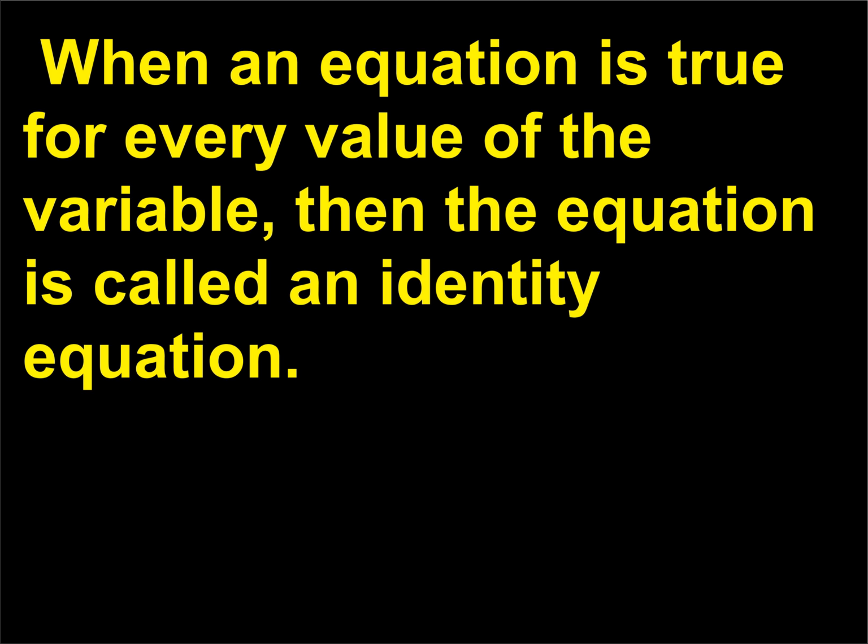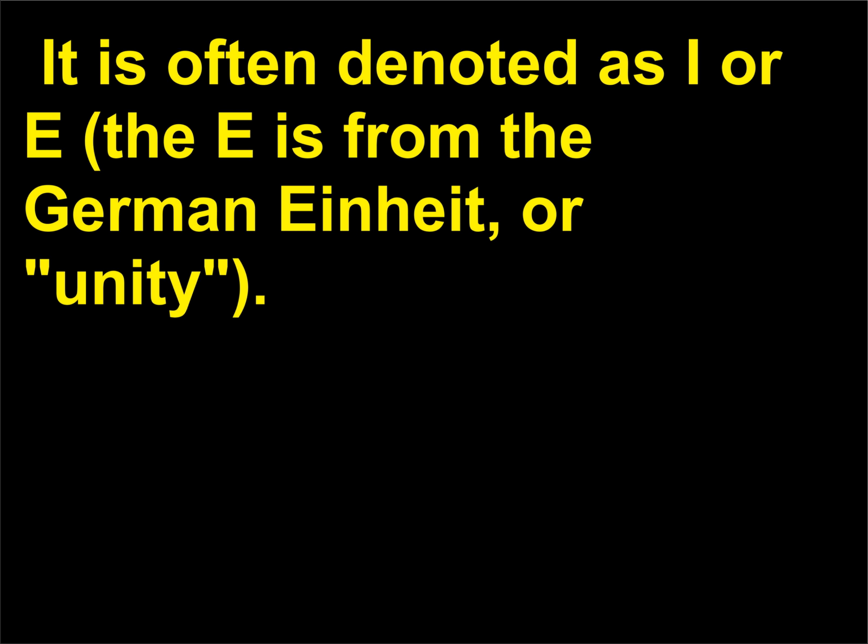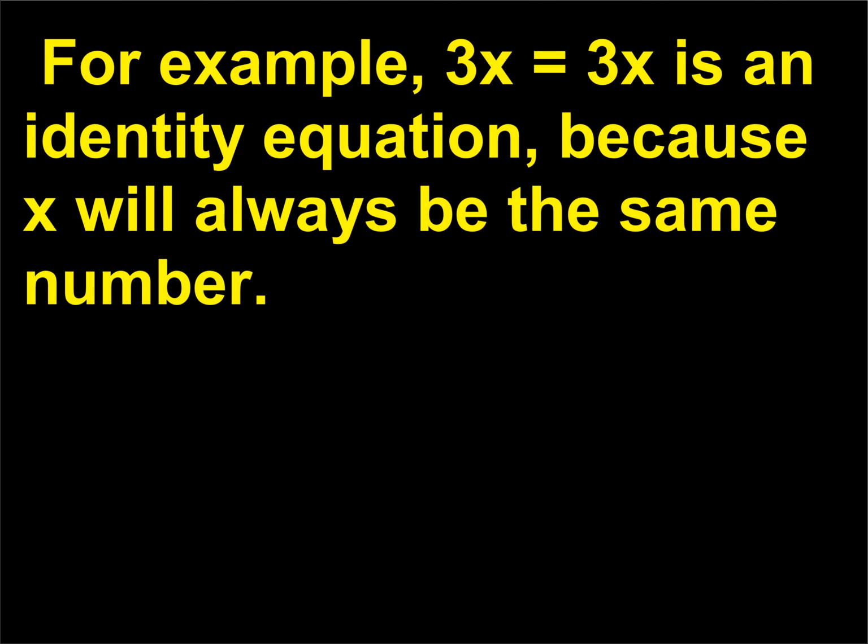When an equation is true for every value of the variable, then the equation is called an identity equation. It is often denoted as I or E, the E is from the German Einheit, or unity. For example, 3x equals 3x is an identity equation, because x will always be the same number.